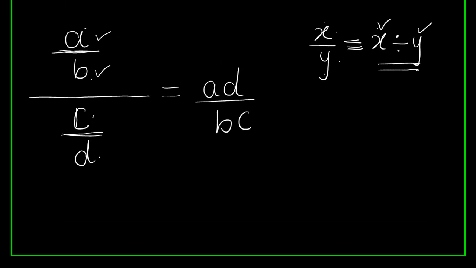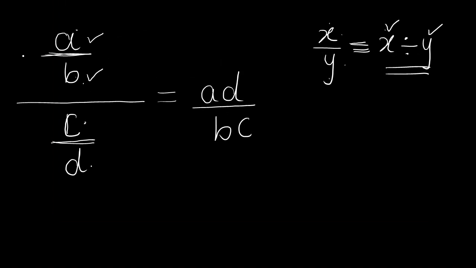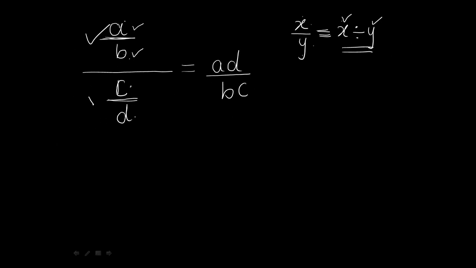If we use the same principle over here, the numerator divided by the denominator, then we can rewrite this expression as a upon b divided by c upon d. Well, now this is a simple looking operation of division, a simple case of division of 2 fractions, where the first fraction is to be divided by the second fraction.